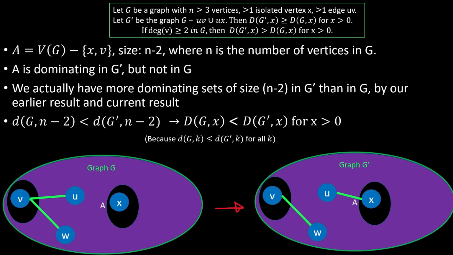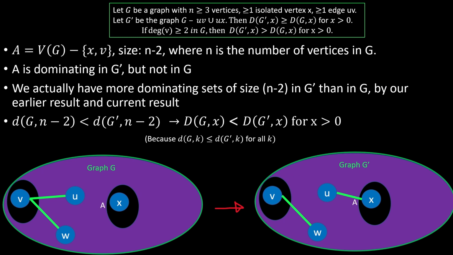And since the coefficients of all terms in D of G'(x) are greater than or equal to the corresponding coefficients in D of G(x), we can conclude that for positive x, D of G'(x) is greater than D of G(x).